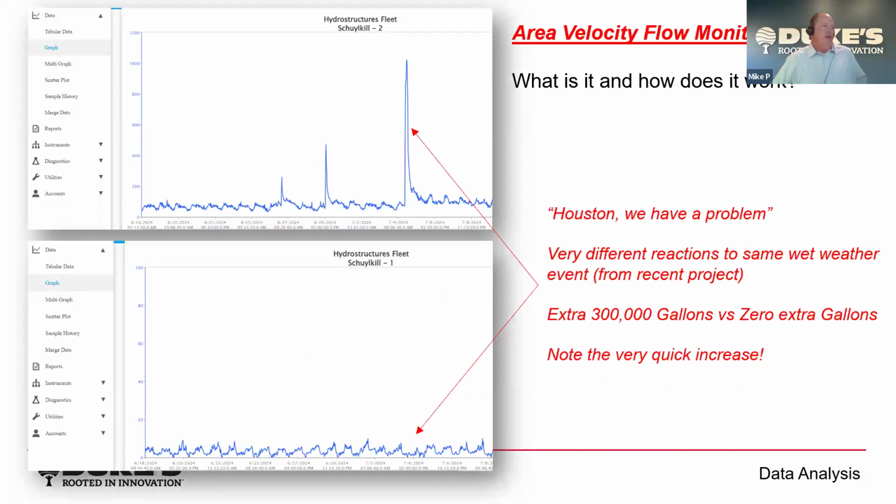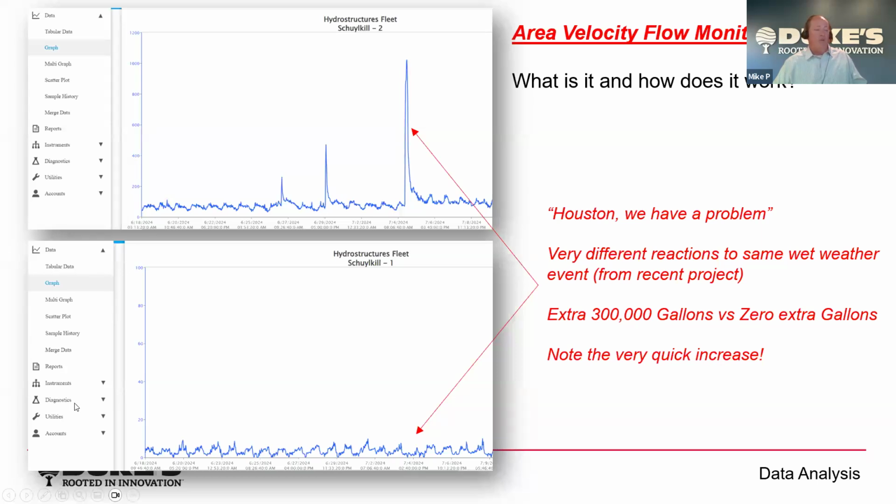So these 2 graphs, the one on the top is the same one, and the one on the bottom is from the same study, and it was maybe only 500 or 700 feet away, but on a different sewer line. The timestamp you can see in gray below the line is the same. It's very clear: the flow meter on top had a huge reaction, and on the bottom there's absolutely no reaction whatsoever.